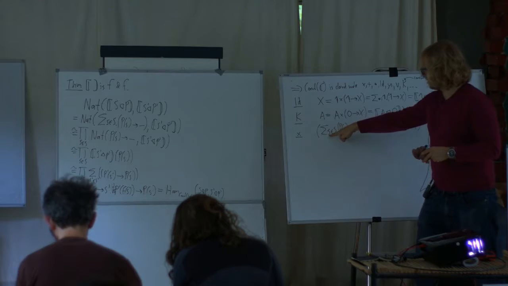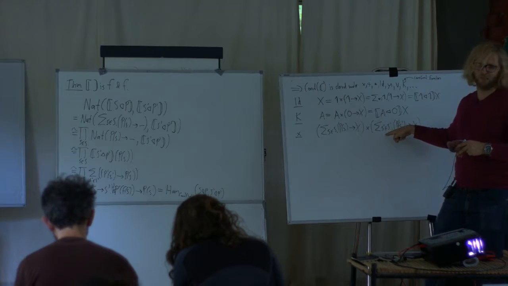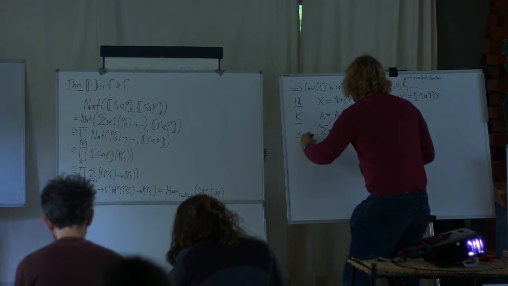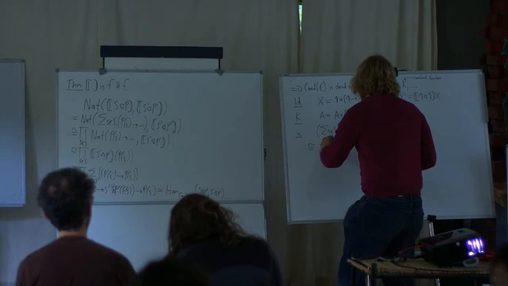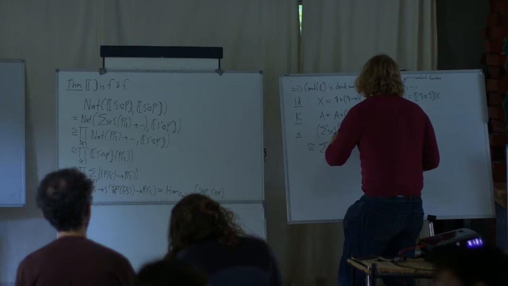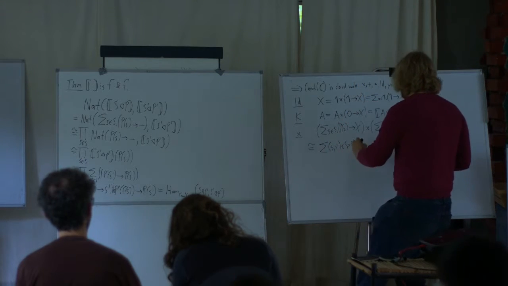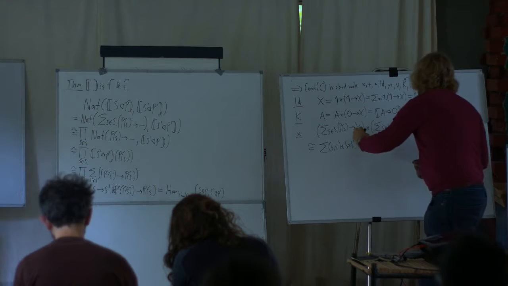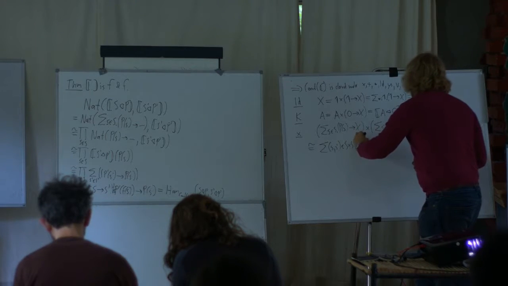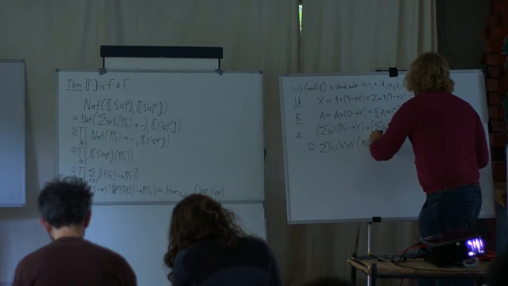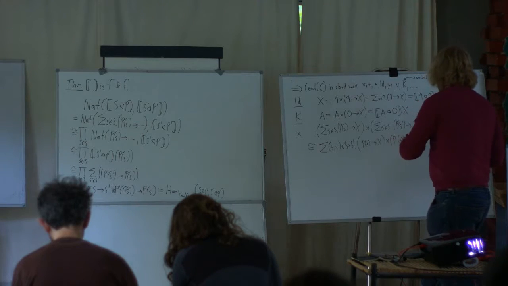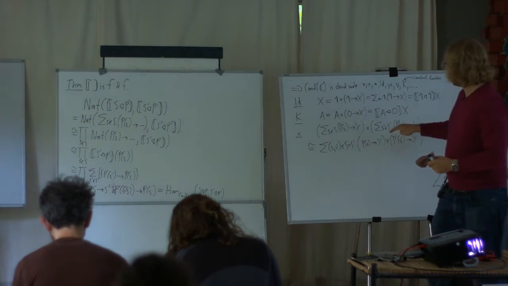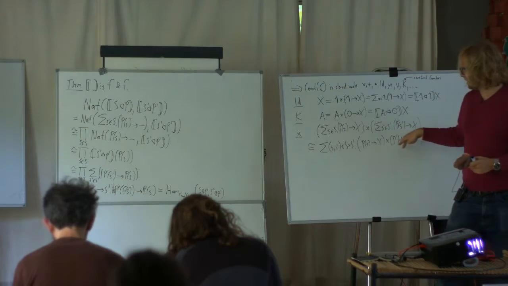In the first factor, I have to choose an S. In the second one, I have to choose an S prime. So I could rearrange this and say that this is the same as choosing an S and an S prime in the product of S and S prime. And then I have to give a function from P of S into X, and I have to give a function from P prime of S prime into X, right? We just pulled out the S's and put them together.